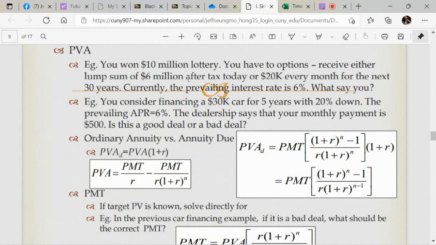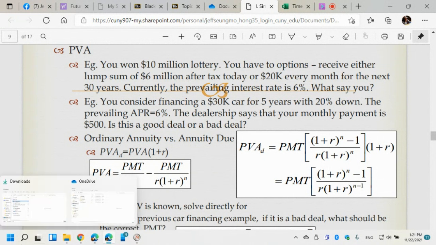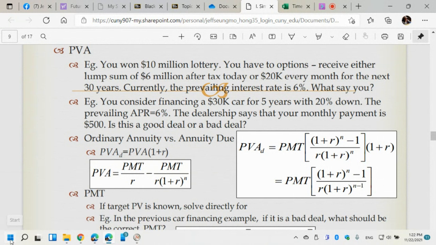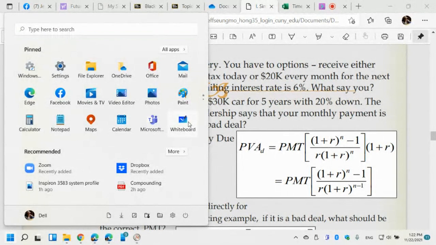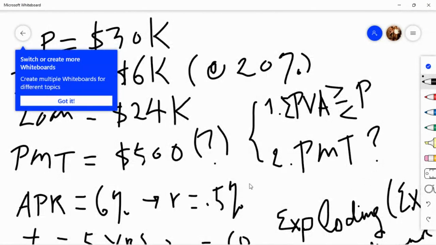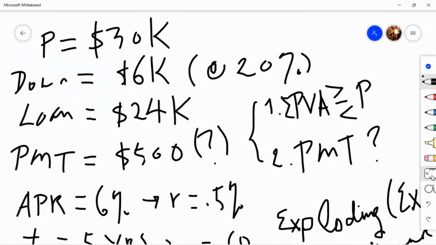Our second example was buying a car, right? And in this example, okay, so here's the thing.